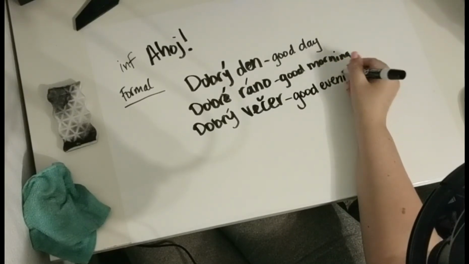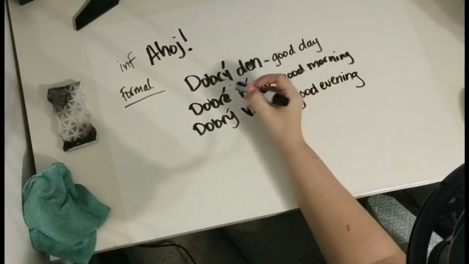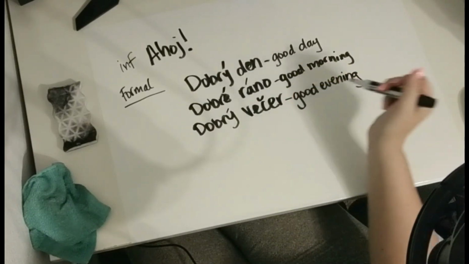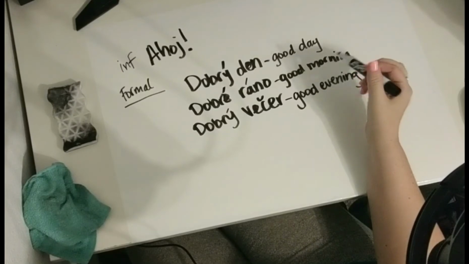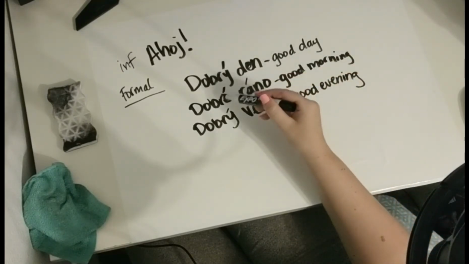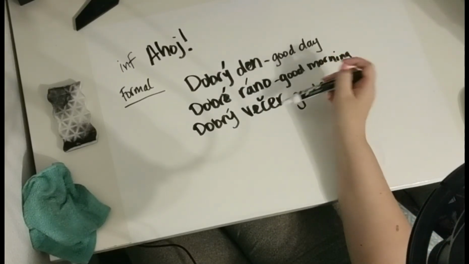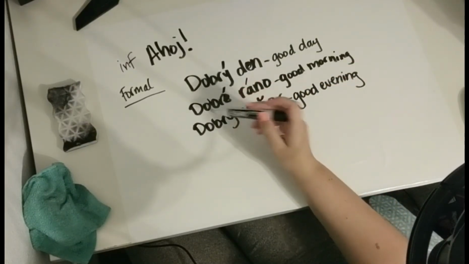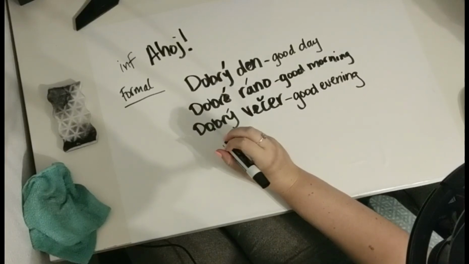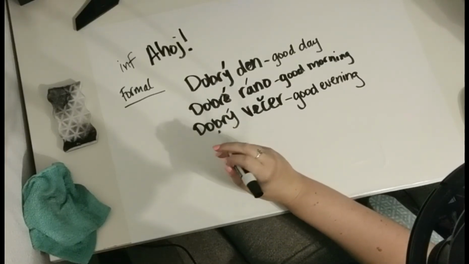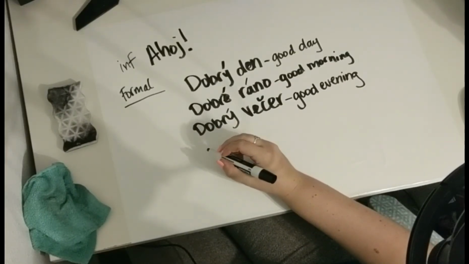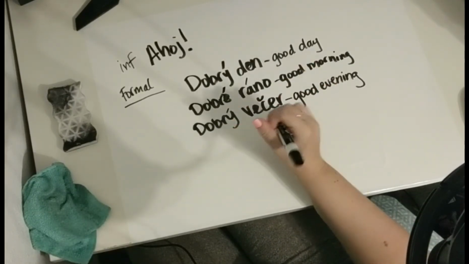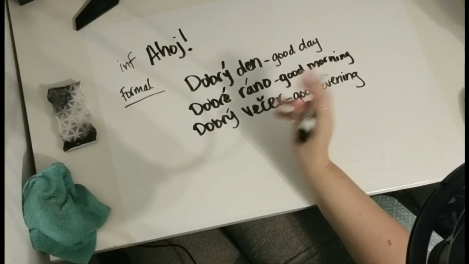Let's say it again: dobrý den, dobré ráno, dobrý večer. If they all mean good, why is this one so different from the others? It's because dobrý is the masculine form of good, and dobré is the neutral form. Again, masculine, feminine, neutral.